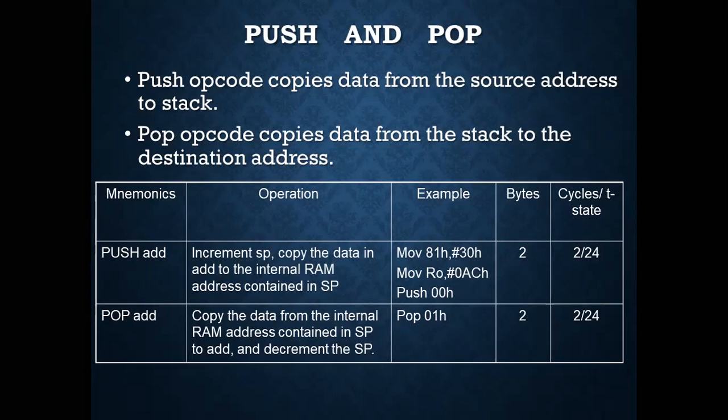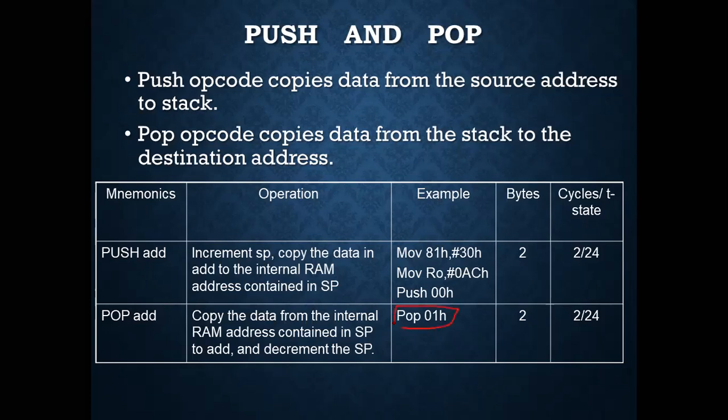Similarly, pop means popping the data out from the top of the stack. The data at the stack top is popped out into the particular address. We'll be discussing it in the next slide also.